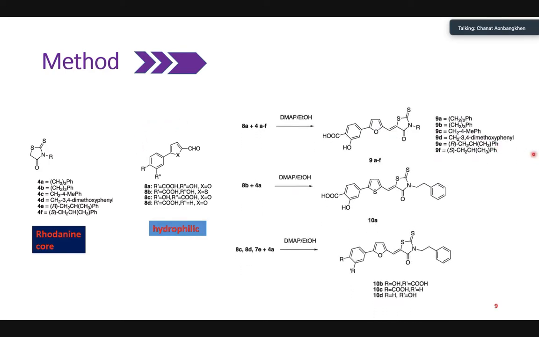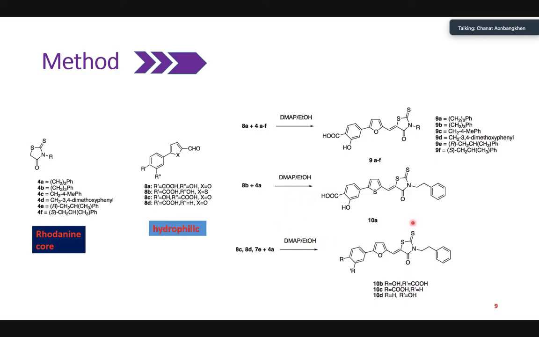Now to form the final product here, we have 9A to 9F. They are different in the value of the R here. So we do all this to have the best, the safe and the most active derivatives.